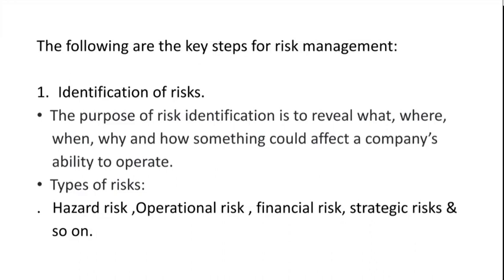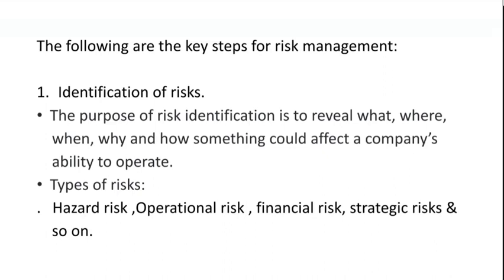First one is identification of the risk. The purpose of risk identification is to reveal what, where, when, why, and how something could affect a company's ability to operate. Being able to identify the type of risk you have is vital to the risk management process.